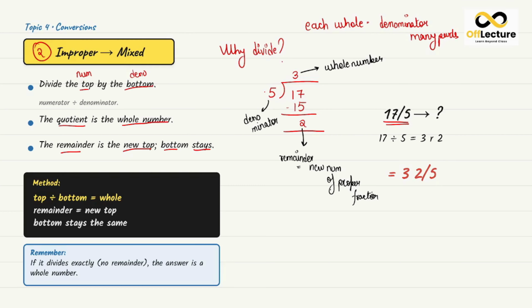Okay, so how will we write the final value? We will write 2 over 5, meaning 3 wholes and 2 over 5.